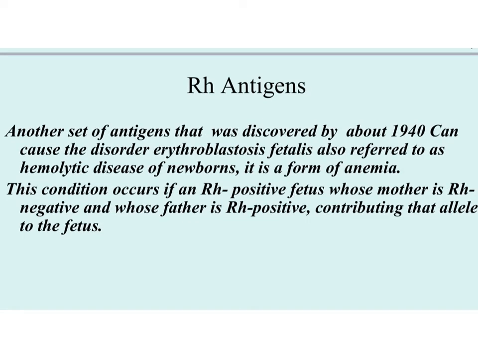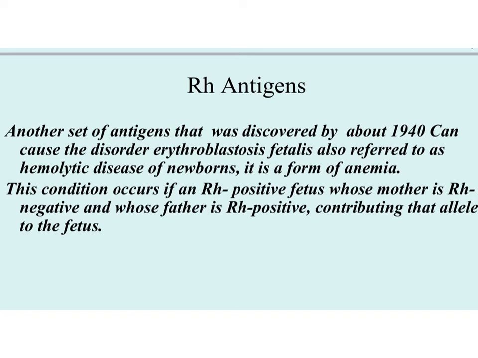So the Rh antigen really only plays a factor if you're getting a blood transfusion or when a woman is pregnant. And so if a woman is pregnant and she is Rh negative, she will need to receive either gamma globulin or RhoGAM shots during pregnancy or within 48 hours after giving birth, or she will build up antibodies against her baby.